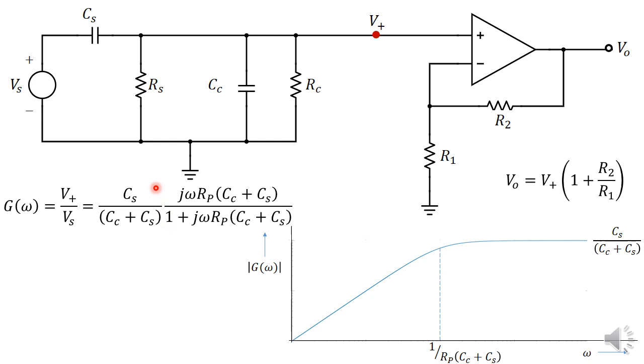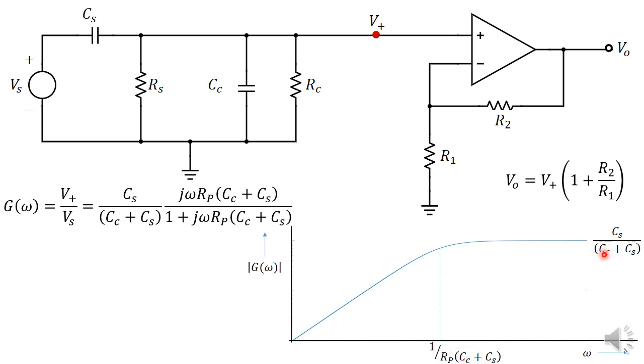So the high frequency gain is Cs over Cc plus Cs, as shown here. And at 0 frequency, you can see that the gain becomes 0. So first of all, this is a high pass characteristic, and of course, we expected that for a piezoelectric crystal. We can see that the cutoff frequency is at this particular frequency, which is given by this quantity here, and the gain is given by here.